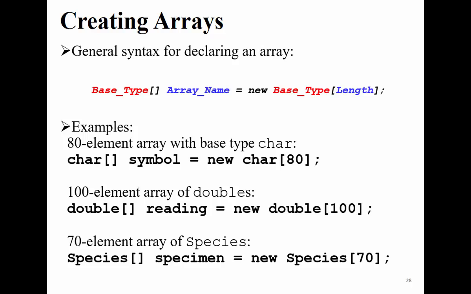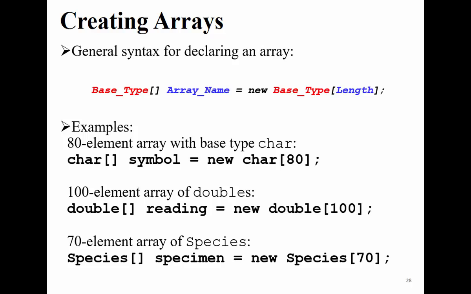I need 100 elements of type double. But whenever I want 100, I don't need to define 100 variables. So I define an array to store all these 100 next to each other, so I can easily access them using one name. So I define double, brackets, the name, equal, new double, the type that I need, and I put the brackets with 100 elements.